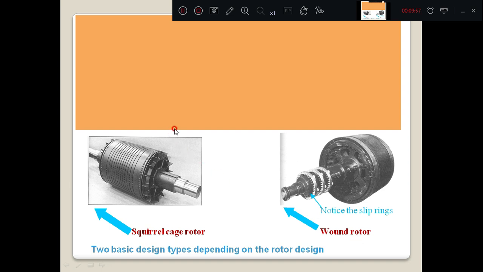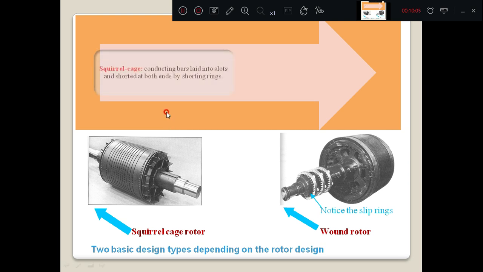Now what are the salient features of the squirrel cage and the wound rotor? In the case of the squirrel cage, the conductor bars are put into the slots and short circuited at both ends by shorting rings. The meaning of this is, here the conductors are not small conductors, they are conductor bars.